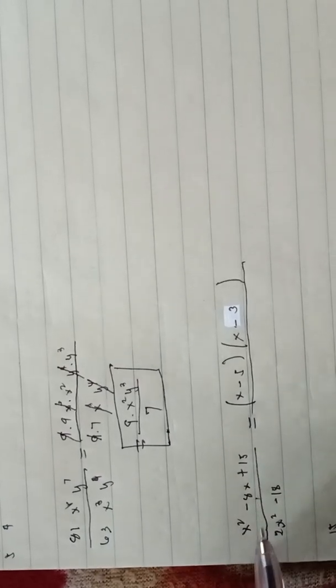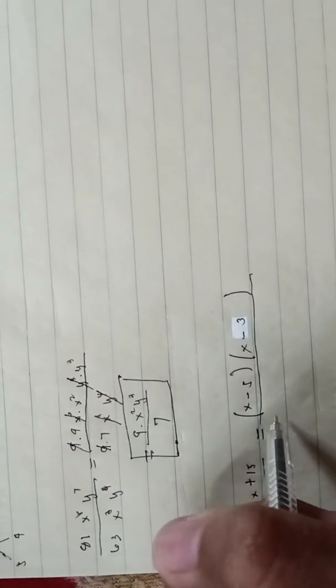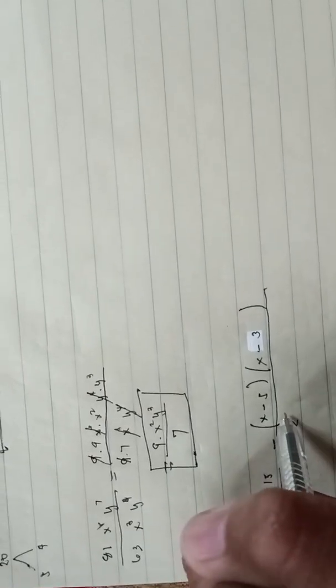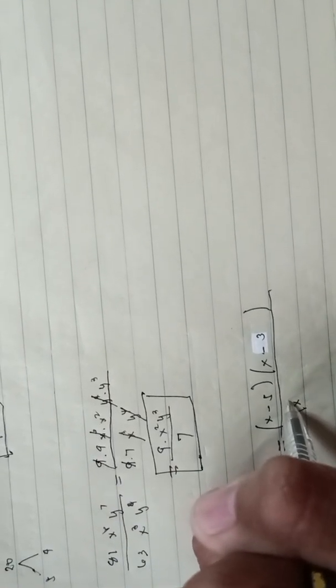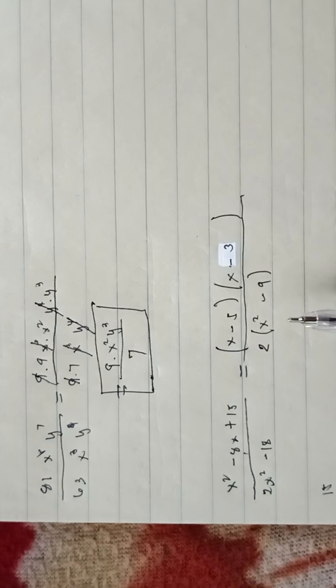And let's factor the denominator. We know that the factor of 2x squared minus 18 are 2 times x squared minus 9. As you can see, wala namang parehas na terms. Wala tayong ma-eliminate. Pero nakikita natin na at alam natin na ang denominator ay maaari pang i-factor out.